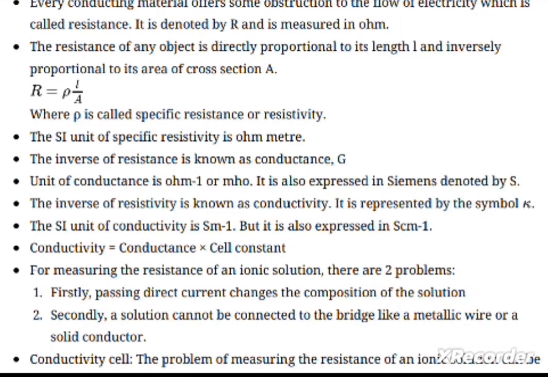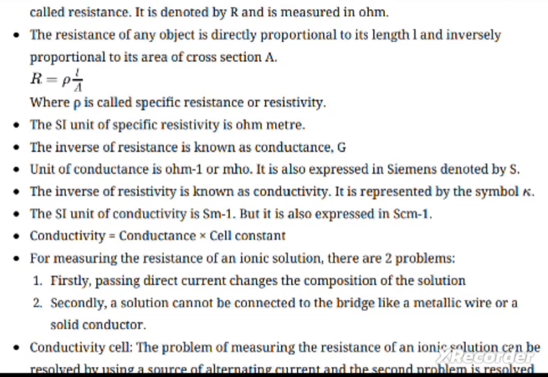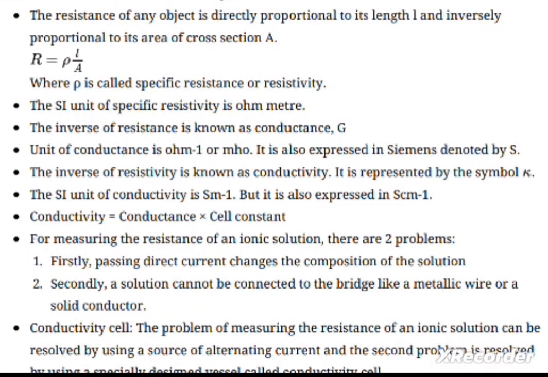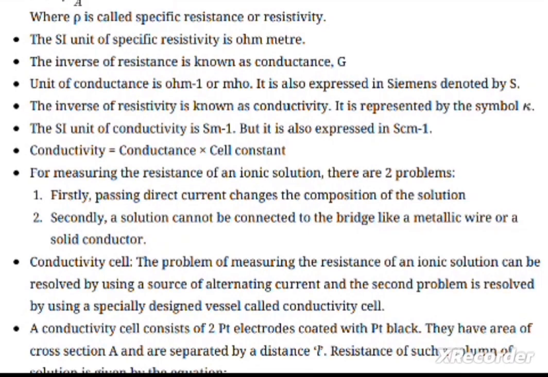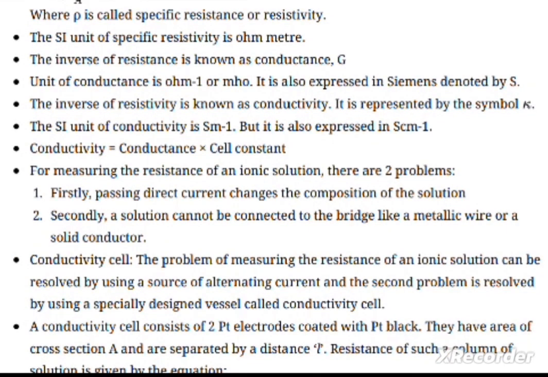The inverse of resistance is known as conductance G. The unit of conductance is ohm inverse or mho. It is also expressed in Siemens, denoted by S. The inverse of resistivity is known as conductivity.